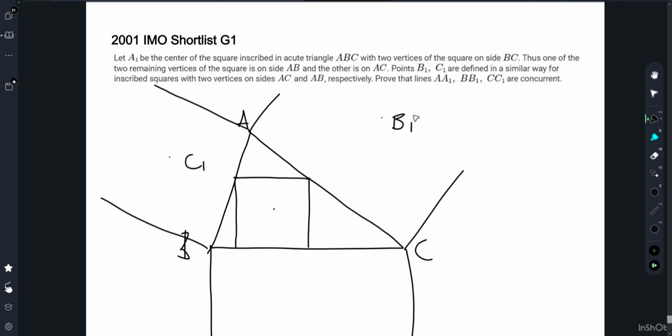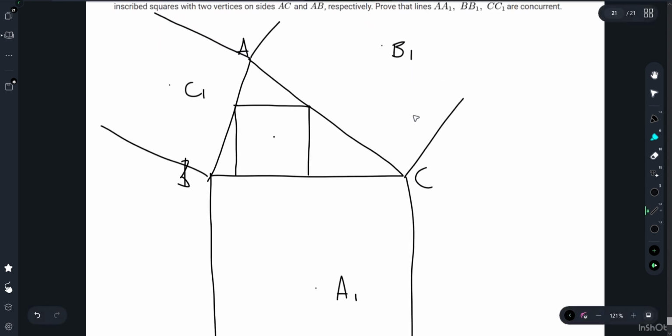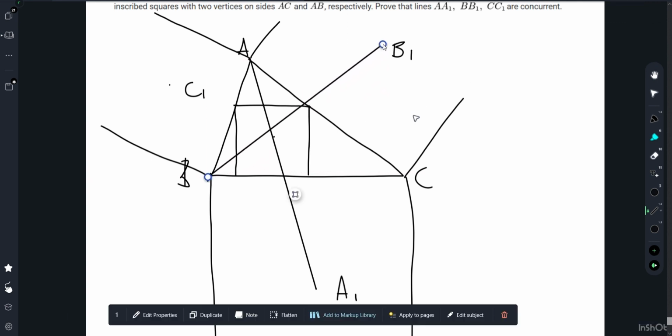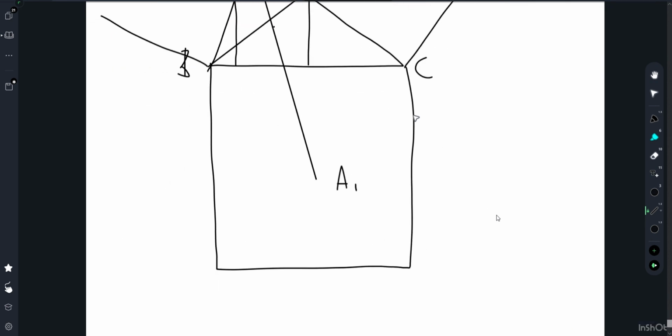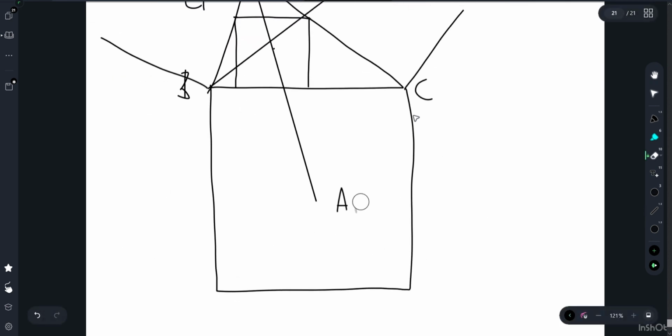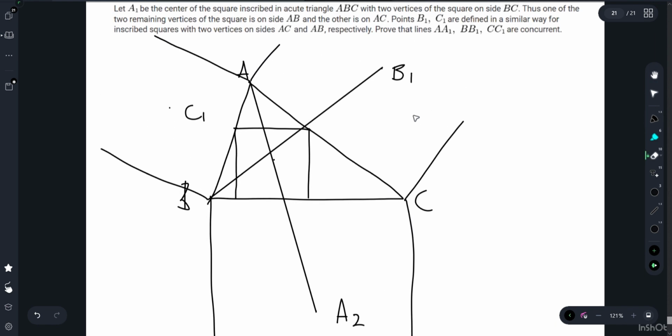C1. Okay, so now let's connect these lines, right? So we know that A1 has to lie on line AA prime. So if A prime and A are collinear, then so is A. Also, let's call it A2, I guess, because we already have A1.